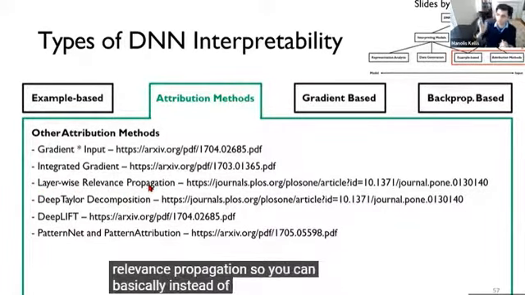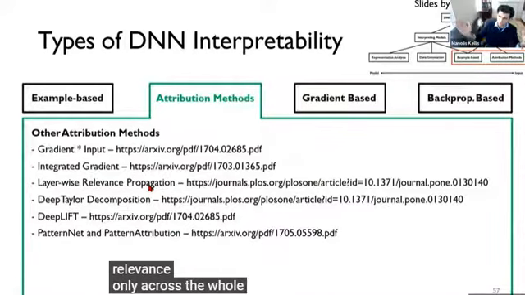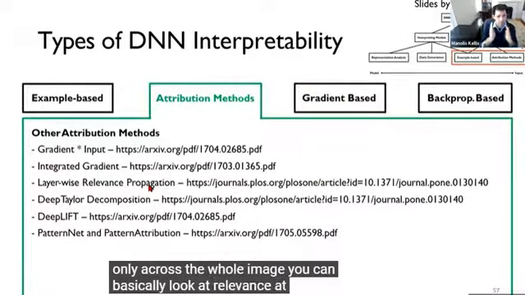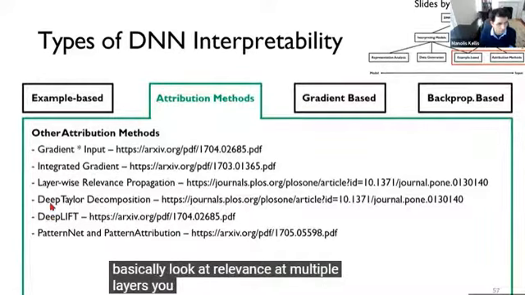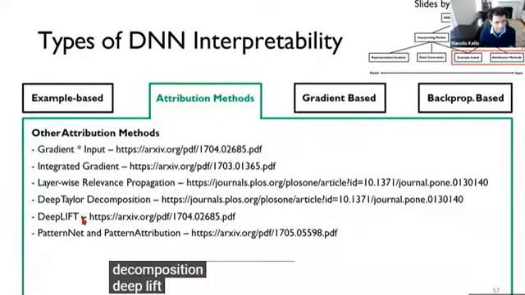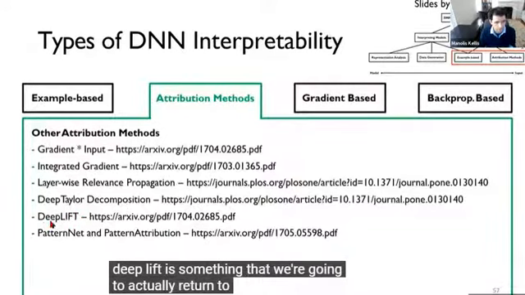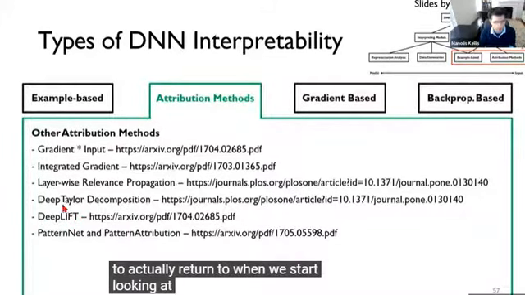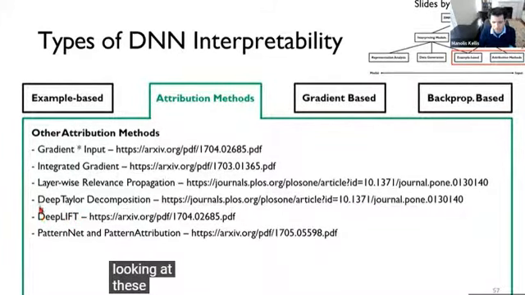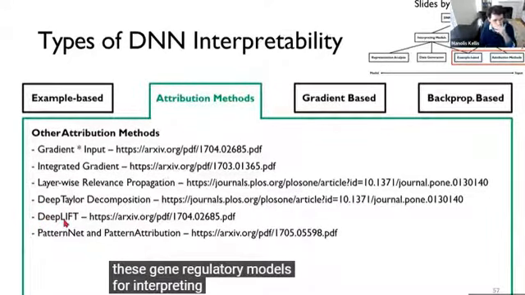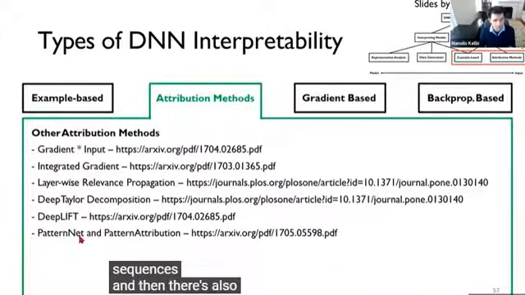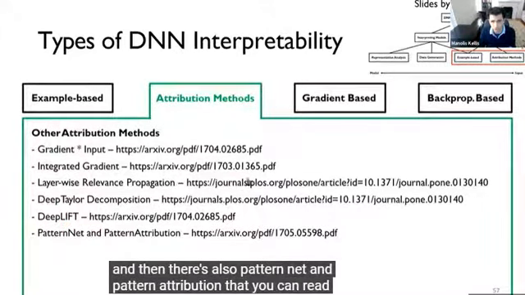So instead of looking at relevance only across the whole image, you can look at relevance at multiple layers. You can use Taylor decomposition. DeepLIFT is something that we're going to actually return to when we start looking at these gene regulatory models for interpreting regulatory motifs in sequences. And then there's also PatternNet and PatternAttribution that you can read about here.